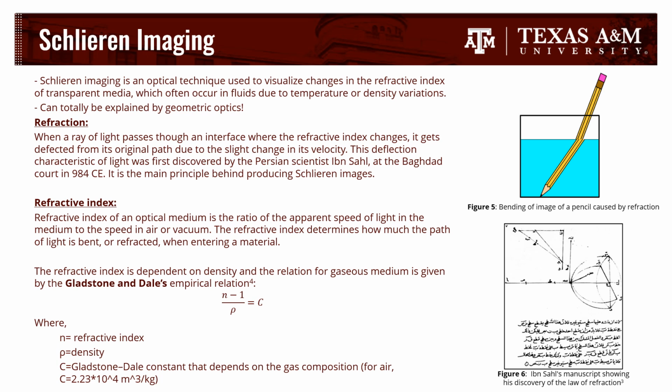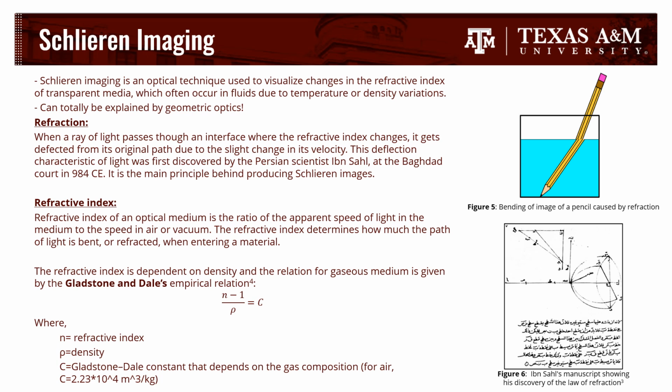Before we proceed on how this system works, I want to touch base on certain basic optical phenomena or principles that are used in setting up this technique. Refraction. When a ray of light passes through an interface where the refractive index changes, it gets deflected from its original path due to slight changes in its velocity.